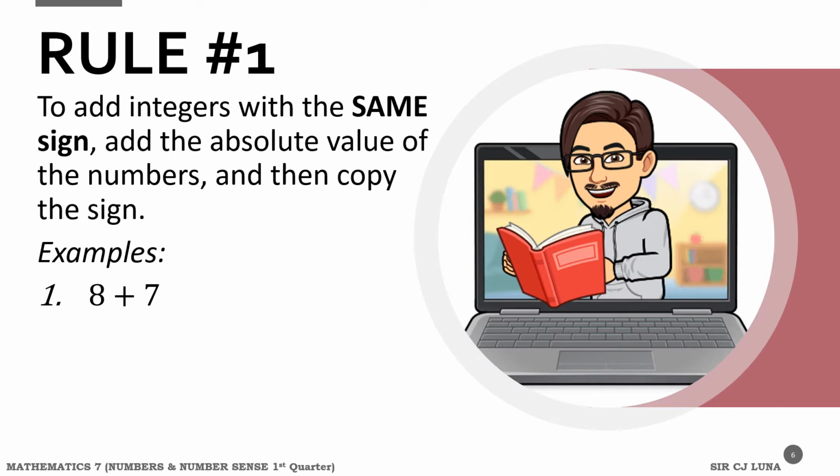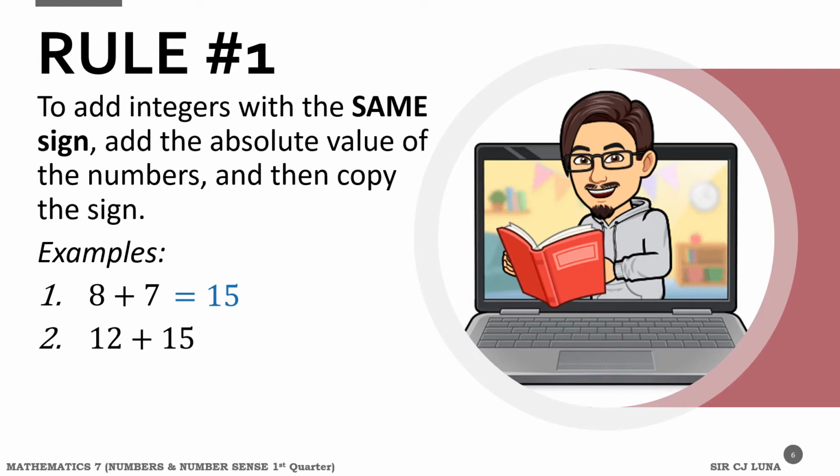Halimbawa, 8 plus 7. Pareho silang positive. Di ba? So ngayon, you add 8 and 7. Ano yung sagot? Very good. It's positive 15. So, bakit siya positive 15? Kasi yung ating integers ay parehong positive. Okay?